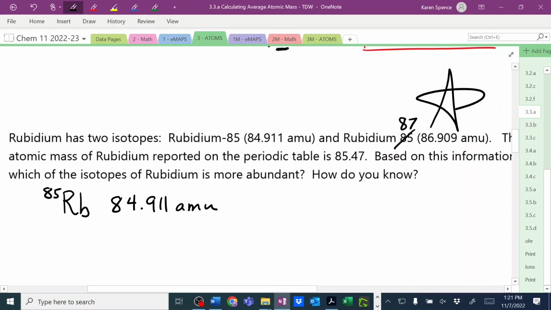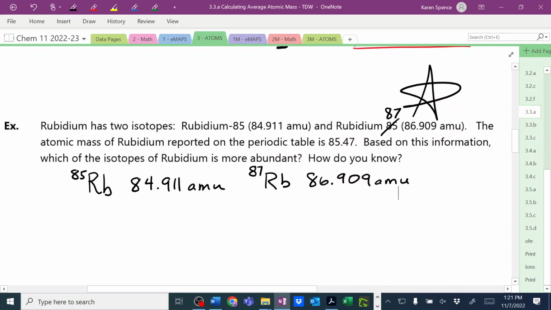Let me put a big star there though, so I remember to change it. And we have rubidium-87. It's a good reminder that your mass number either goes after the name with a dash, or it goes at the top left if you're writing the symbol. And that is 86.909 AMU.